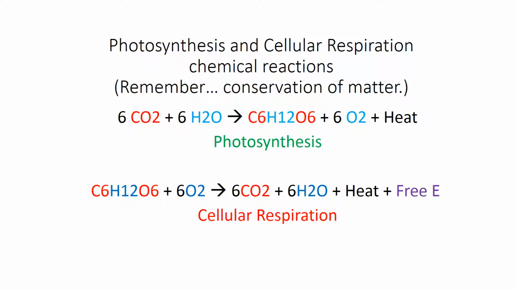Okay, these are two equations you must know. And if you look at them carefully, you will see that they are basically a reverse of each other. We have already looked at photosynthesis, where we take two simpler molecules, CO2 and water, or carbon dioxide and water, and using the energy of light, we are going to make sugar molecules and have oxygen as a waste product.